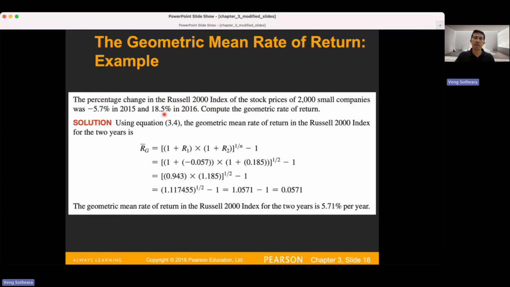What is the average return? In this case, you apply the same formula. Now our R1 is negative 5.7 and R2 is 18.5, and when you apply this formula, you end up with exactly 5.71%. So you can say that this stock has an average return of 5.71% per year.